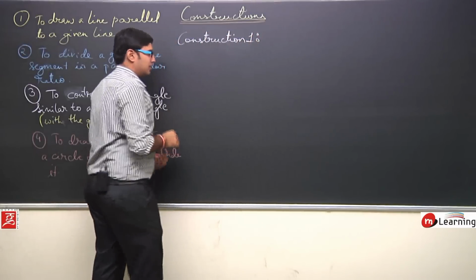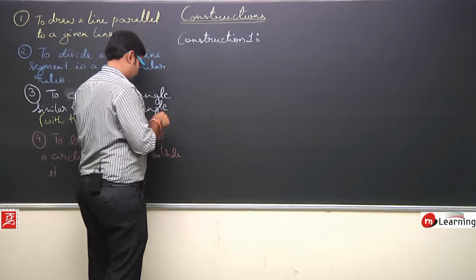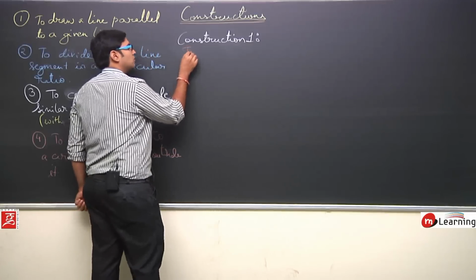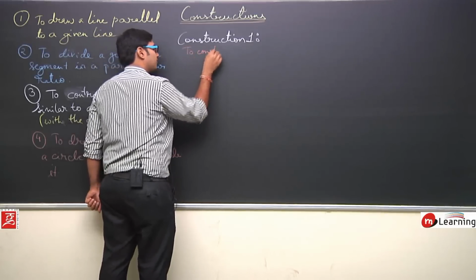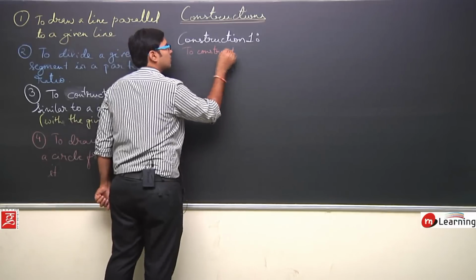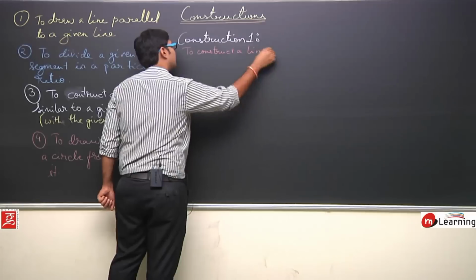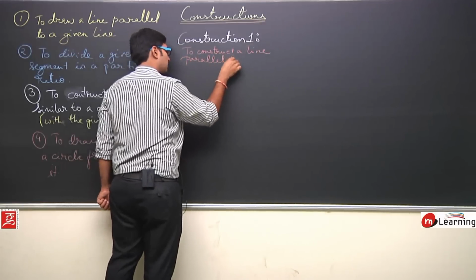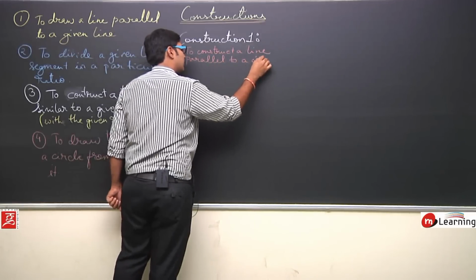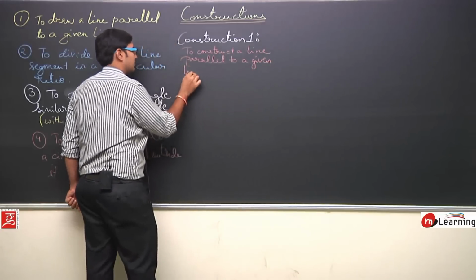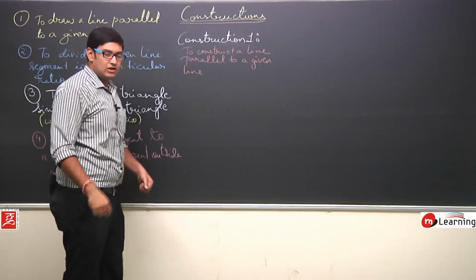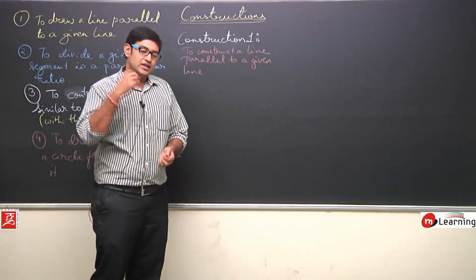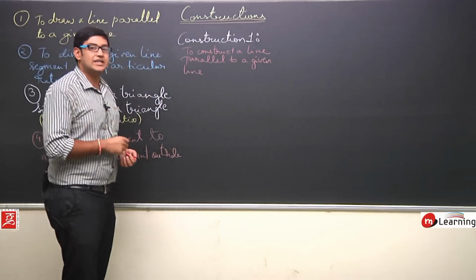The construction 1 will deal with constructing a line parallel to a given line. एक लाइन के पैरेलल एक और लाइन किस तरह से ड्रॉ की जाए, इस चीज को हम यहां पर सीखेंगे.